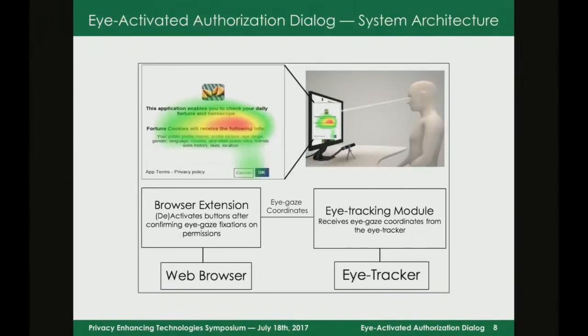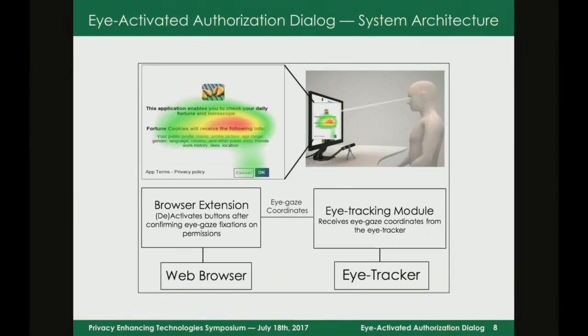So we propose an eye-activated authorization dialog where we disable the OK or the Allow button on the dialog at first, and then once the user has looked at the permissions area on the dialog, we enable the OK button. The way we do it is by using the user's eye gaze information from the eye tracker.